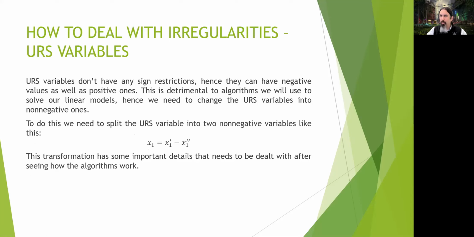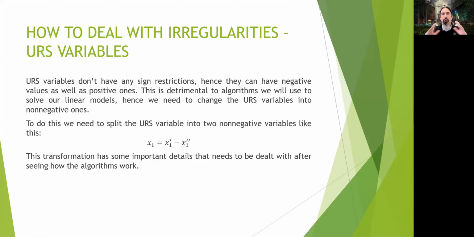Now, when you have URS variables, what is a URS variable? URS means unrestricted sign, okay? As I said earlier, at least last week, we have a sign restriction. We always assume our decision variables are non-negative, 0 or positive. But there can be negative values as well.